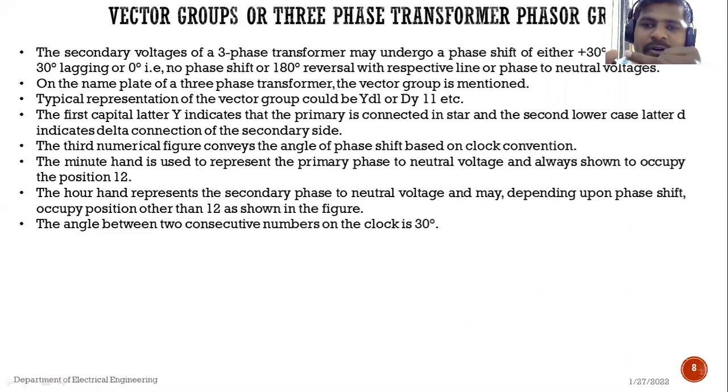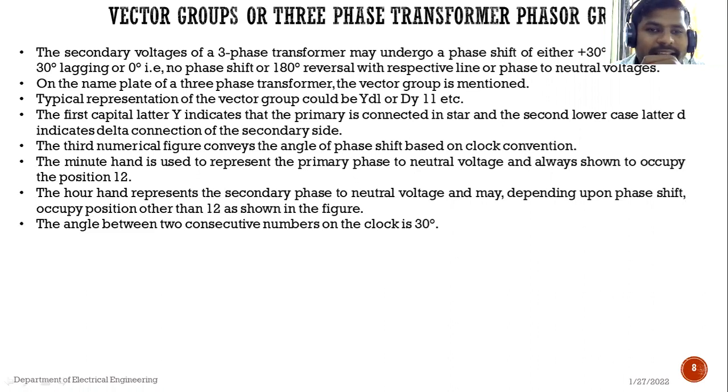So depending upon that, 0-degree means 0 phase displacement between primary and secondary. 180-degree is nothing but 180-degree phase shift between the LV winding and HV winding. म्हणजे प्रायमरी आणि सेकंडरी वाइंडिंग मध्ये 180 डिग्रीचा फेज डिफरन्स आहे. Or we can call it plus 30-degree.